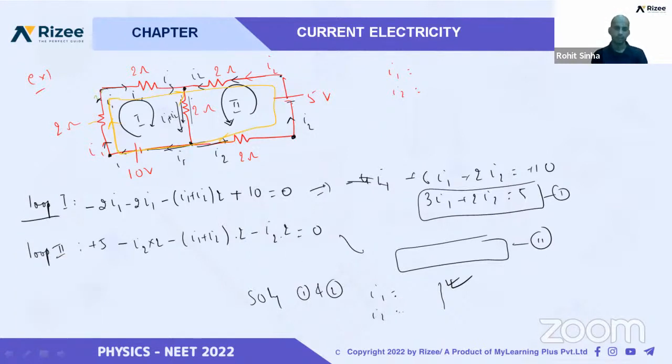Then if you get comfortable with writing this equation, I will tell you one shortcut, one short trick, how to write this equation very easily in one step only. That I will tell when you get perfect in writing this equation. Then I will tell you the shortcut.